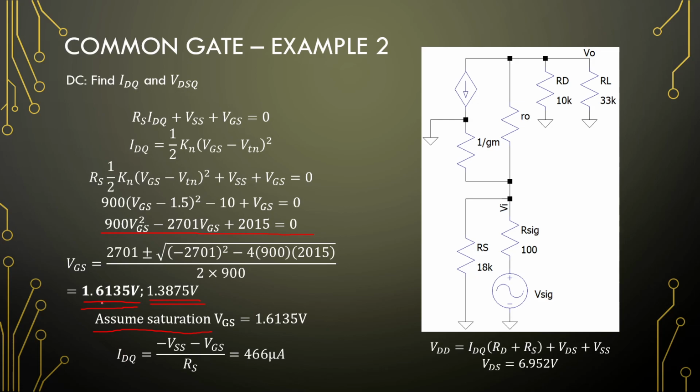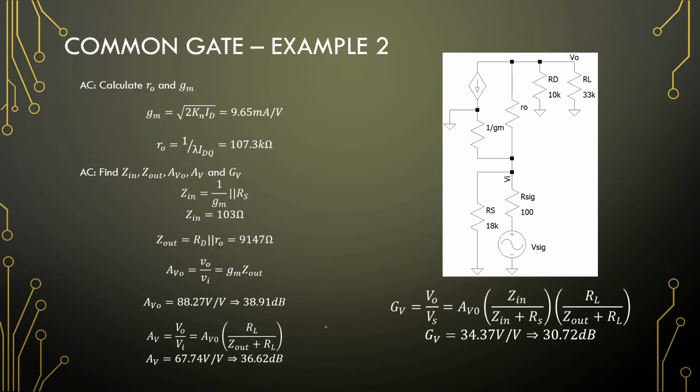So let's go with 1.6, and if we use 1.6 volts we get a drain current of 466 microamperes and a VDS value of roughly 7 volts.